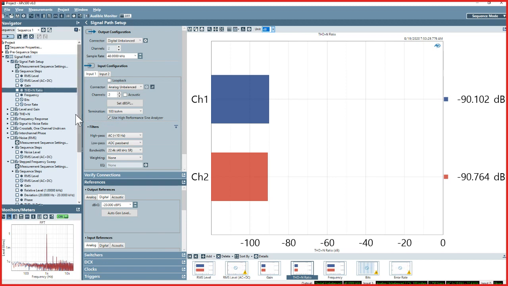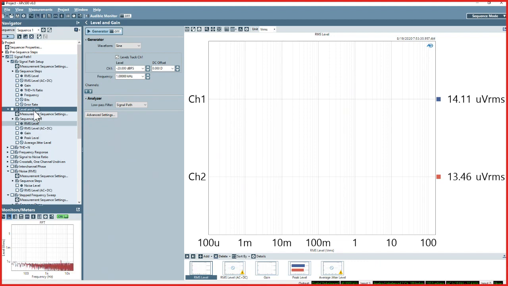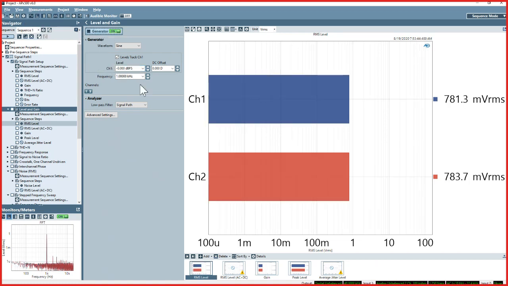So now let's just look at some simple figures of merit. If we go to our level and gain measurement, set our generator to full scale, that tells us the output. So at this device at full scale, we get 780 millivolts per full scale.